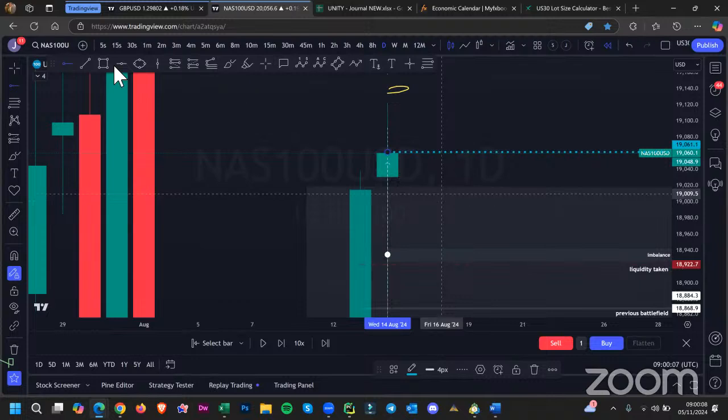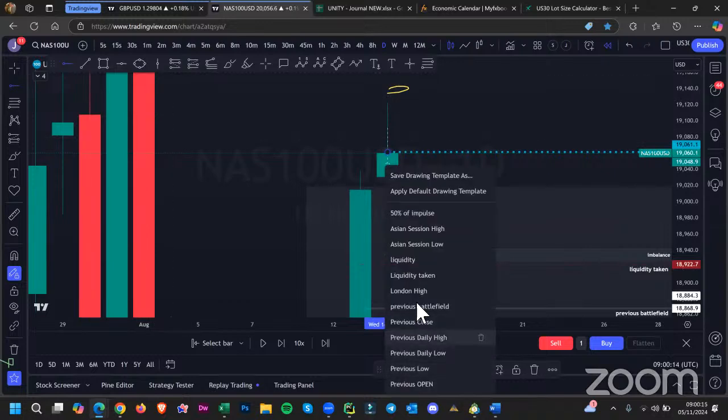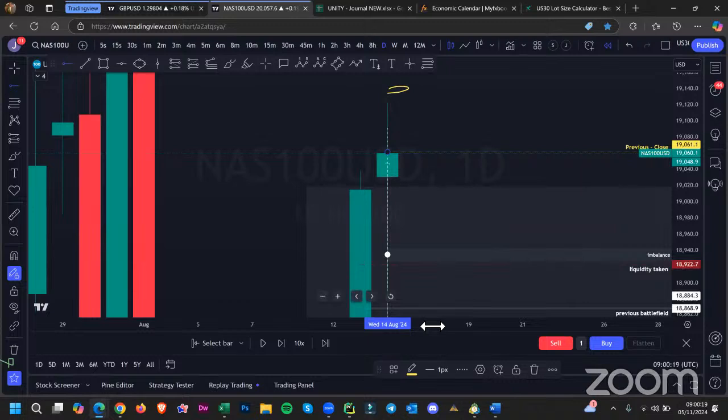It's an outside candle, and anything below that level would be a good entry for the buy.